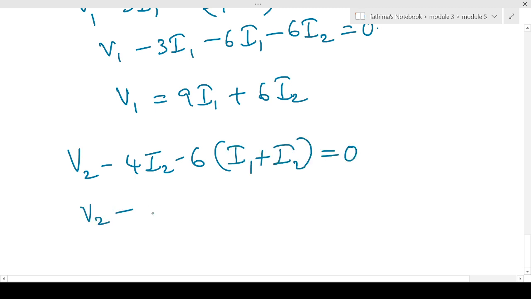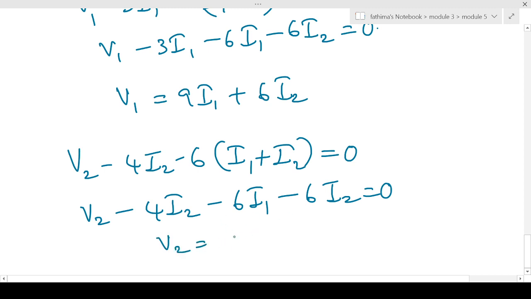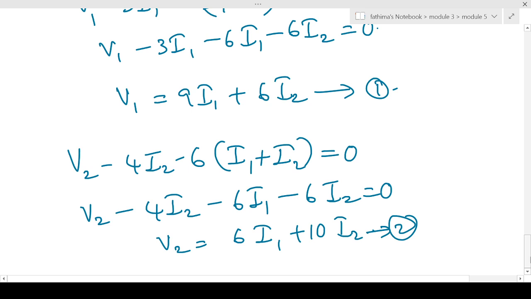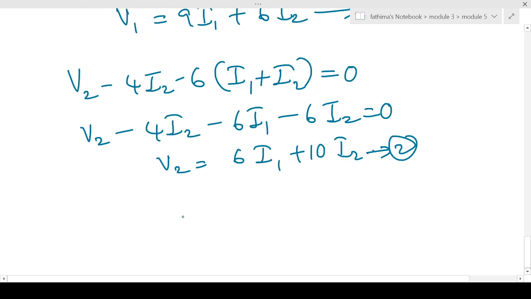So this can be written as V2 minus 4I2 minus 6I1 minus 6I2 equal to 0, or V2 is equal to 6I1 plus 10I2.